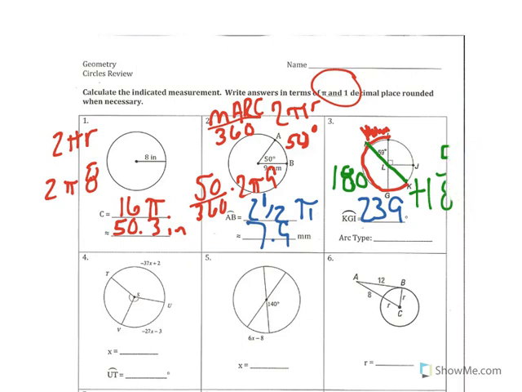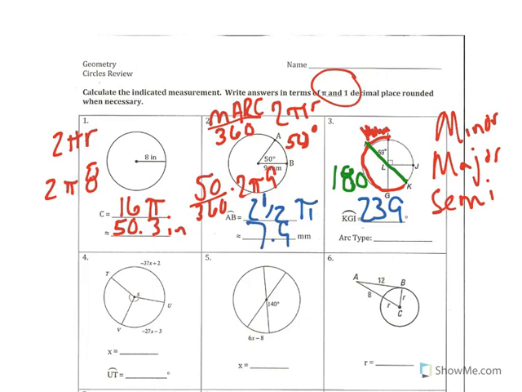Now, the 3 types of arcs. We have minor, major, and semicircle, which I'm just going to put semi. Minor, if you remember correctly, has to have 2 letters. Major is used by 3, and semi is used by 3.